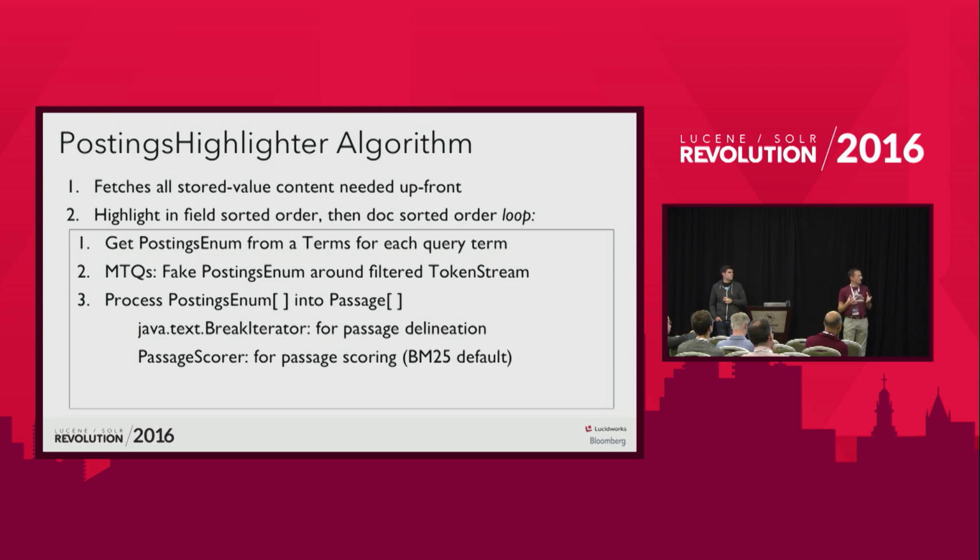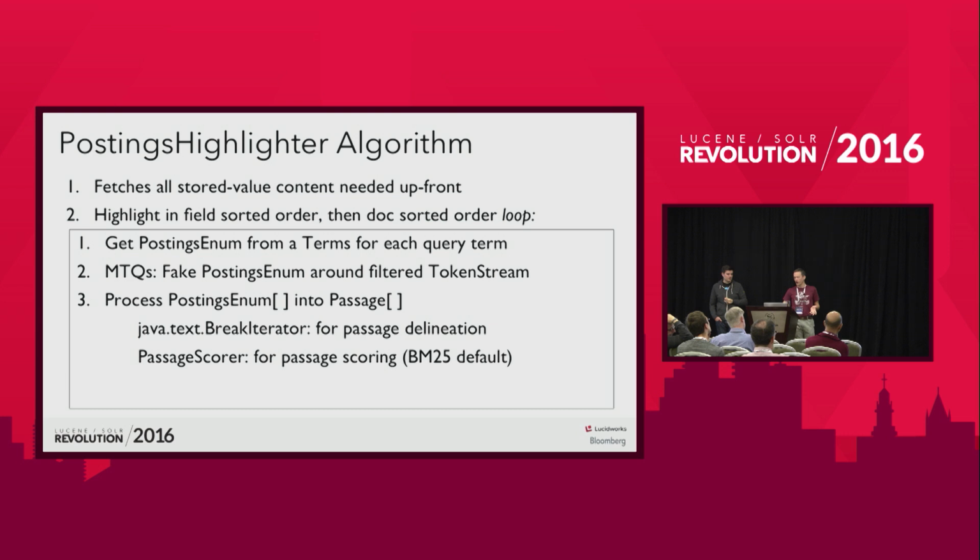And so ultimately it builds up passages delineated by a break iterator, and puts those into a separate priority queue in passage-scored order, and it has a scoring abstraction to figure out how well a certain passage scores. That's customizable, and its default algorithm is a BM25-inspired model, which I think is pretty clever.